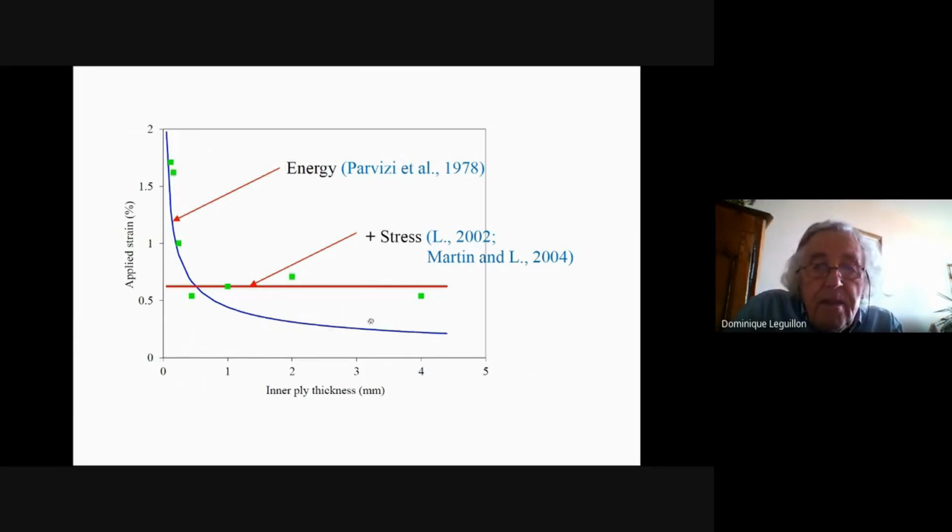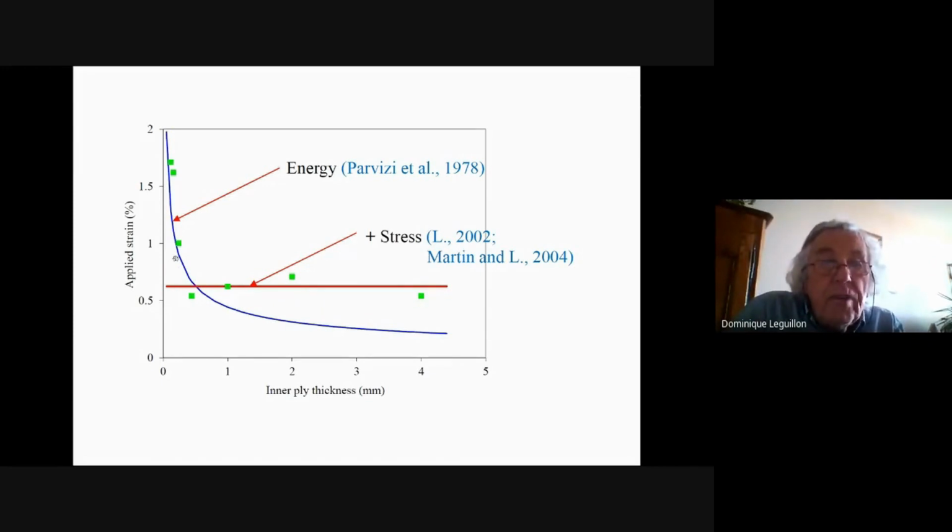And you see that these two conditions must be fulfilled. If the inner layers are very thin, you start to increase the load, you reach the tensile strength, but the layer is so thin that there is not enough energy stored in it to create a crack.